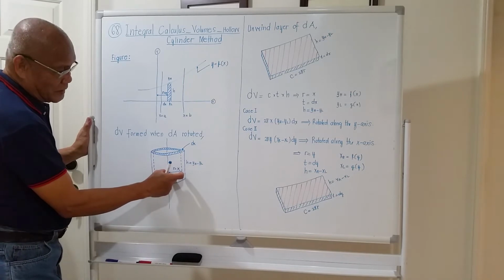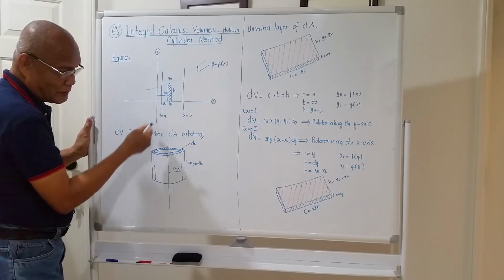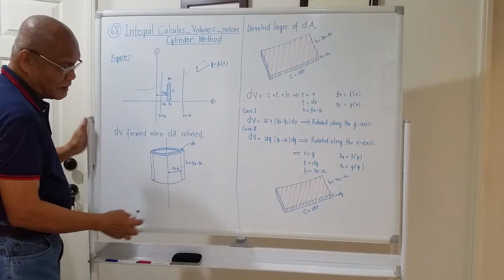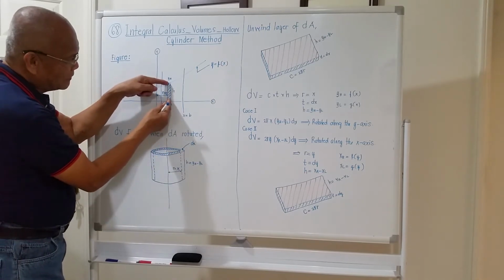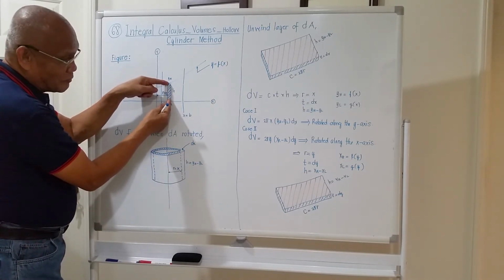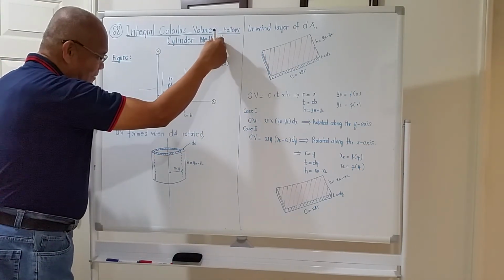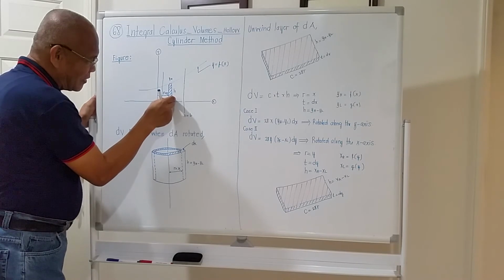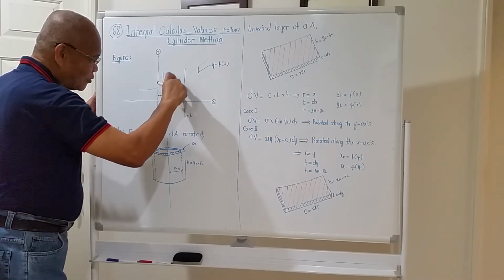The radius of the hollow cylinder is r, and it is designated by x. That is for case number 1, if it is rotated with respect to the y-axis. This is the height, the variable height. It's variable because the graph is not a straight line, it's going up. So as this differential area moves from x equal to a to x equal to b, this height is actually varying.